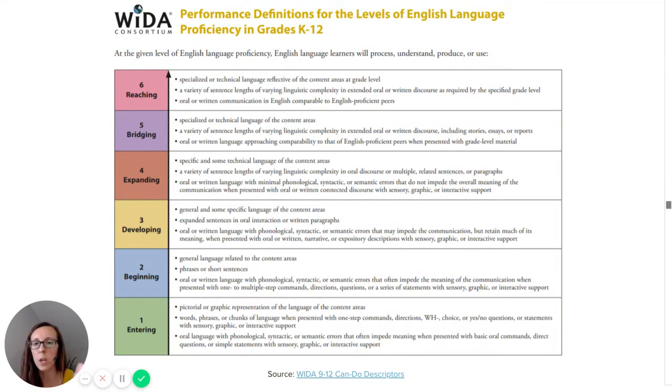This comes from the WIDA consortium, which puts out the US English language proficiency standards, as well as the ACCESS test for English language proficiency, the standardized English learner test that happens yearly. So levels 1 and 2 are really beginning level English learners. Those are English learners that you notice right away and probably request help for supporting right away.